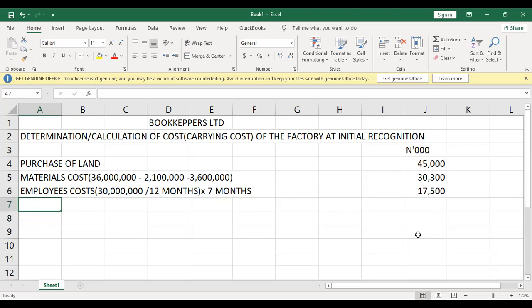Okay, let me respond. What we are doing is calculating the cost of these assets. And like you rightly said, 2.1 million should be deducted because it was fault. And the reason why 3.6 is deducted also is because this amount is a loss, and it will be recorded in our profit or loss account.